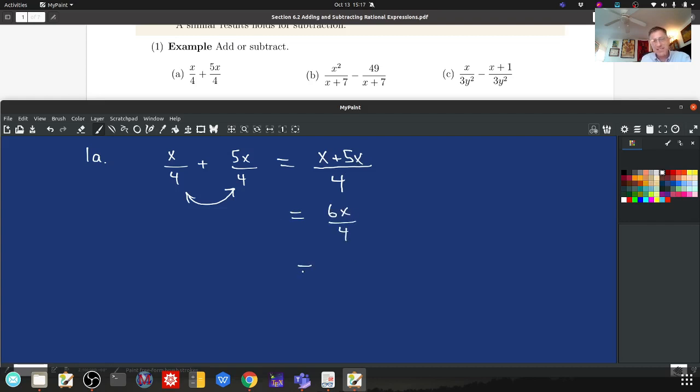And what the theorem doesn't tell you is there may be some simplification. So 6 is 2 times 3, times x over 4, which is 2 times 2. So we cancel out the 2's, and our final answer turns out to be 3x over 2.